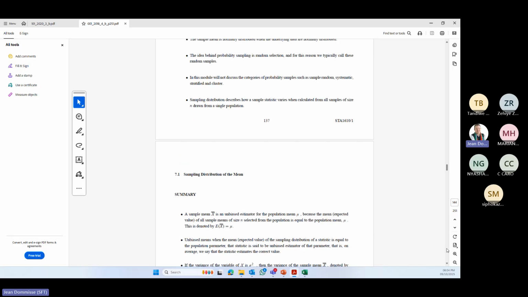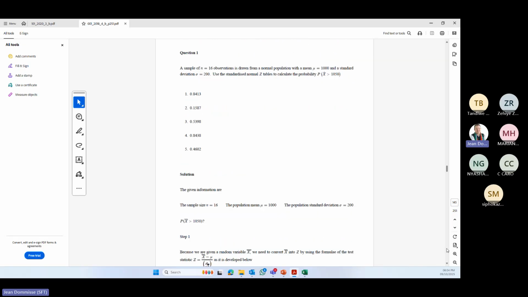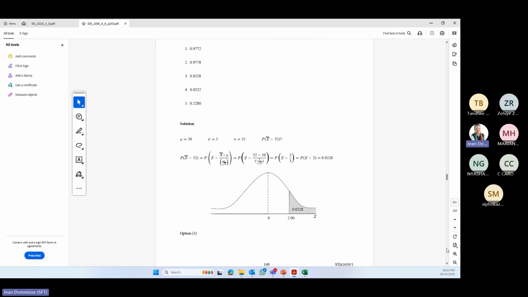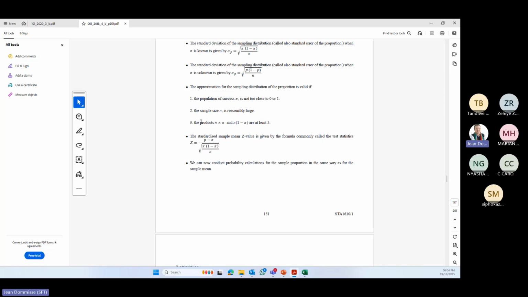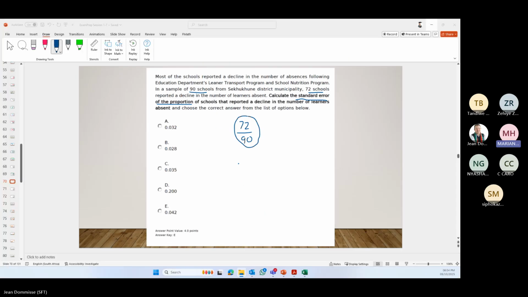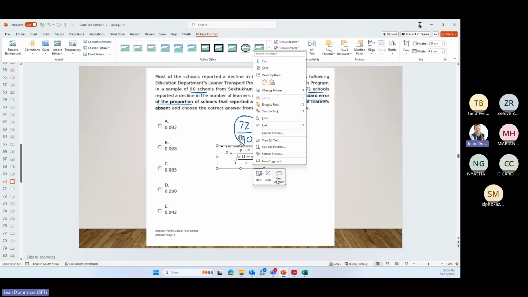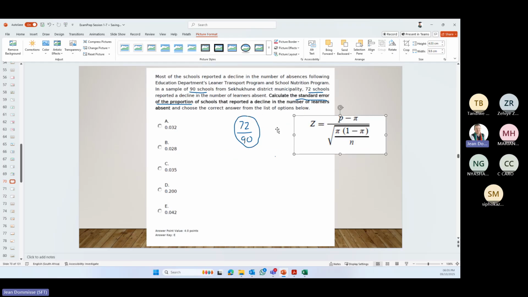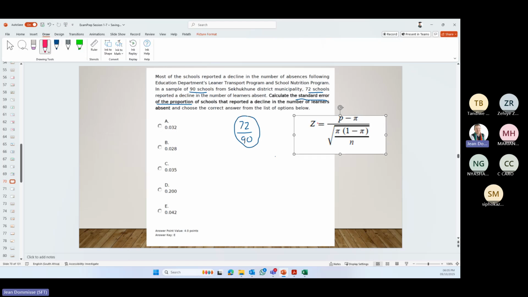Let's see where the one for proportion is. Okay, so we're working now with the standard error of proportion.